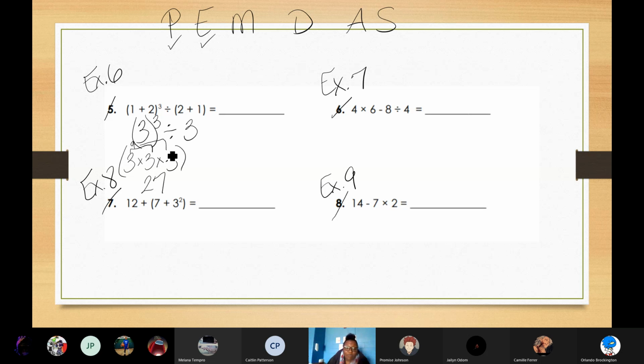And 9 times 3 is 27. So now we don't have any multiplication and we get to move directly to division. 27 divided by 3 will equal what? In other words, 3 times what number will equal 27? 9. So my answer here is 9.